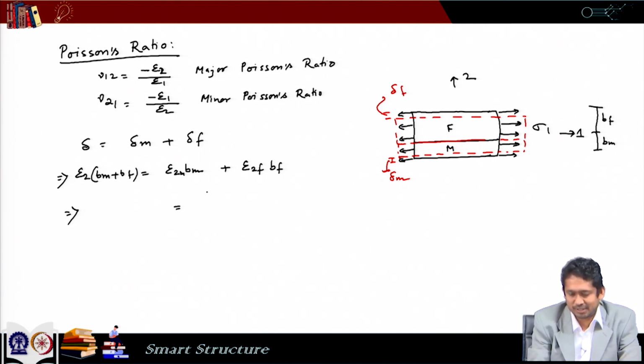So, epsilon 2 is nothing but minus nu 12 multiplied by epsilon 1.